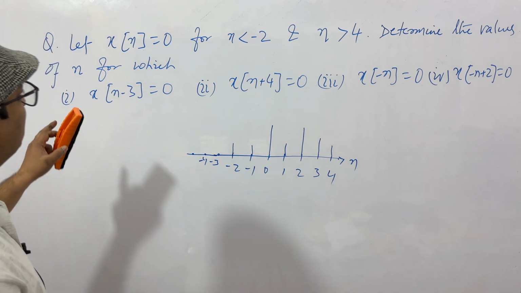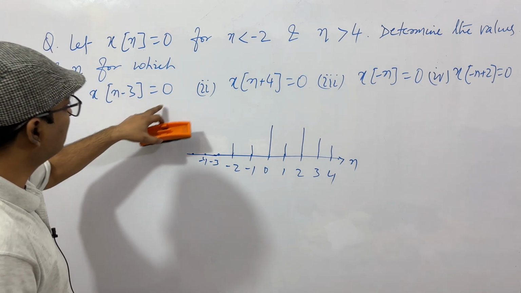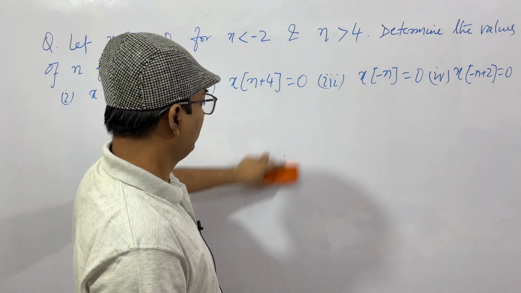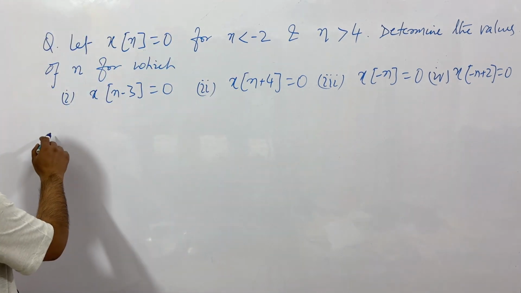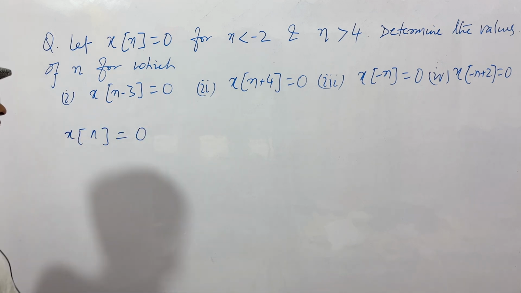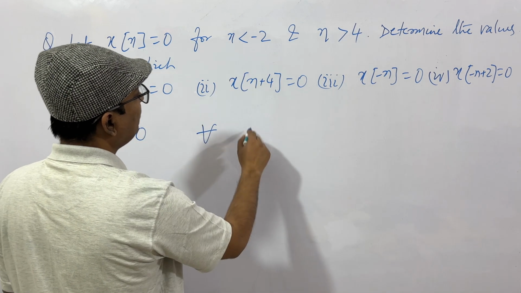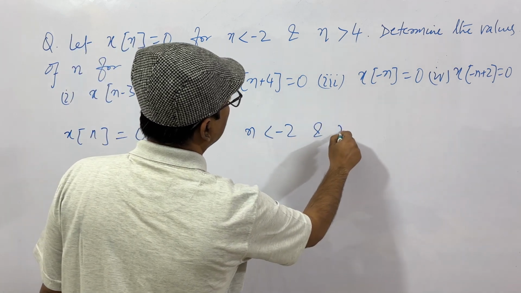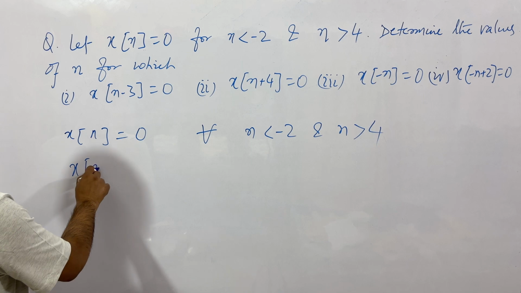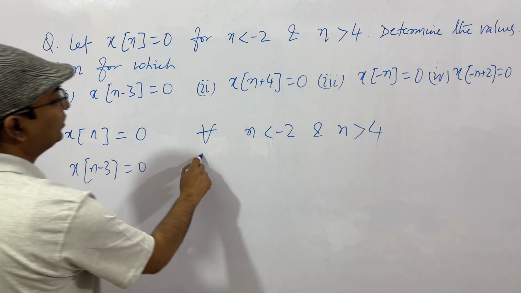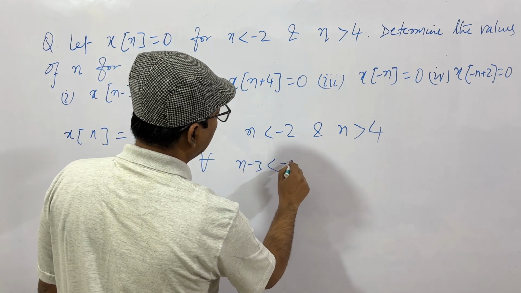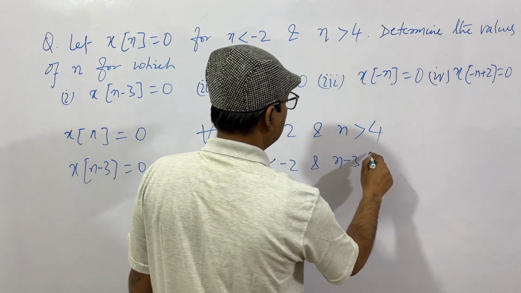It says determine the values of n for which x[n minus 3] is equal to 0. So, how will we find this? x[n] is equal to 0 for n less than minus 2 and n greater than 4. So, we replace n by n minus 3 here: n minus 3 less than minus 2 and n minus 3 greater than 4.